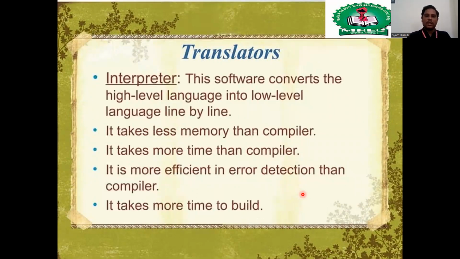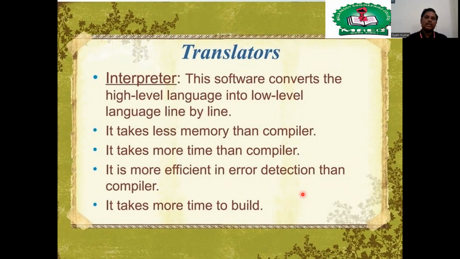One more translator is also there, the interpreter. The difference between compiler and interpreter is that in a compiler the entire program must be compiled at a time, whereas an interpreter compiles line by line. One line is compiled, then the second line, then the third line.